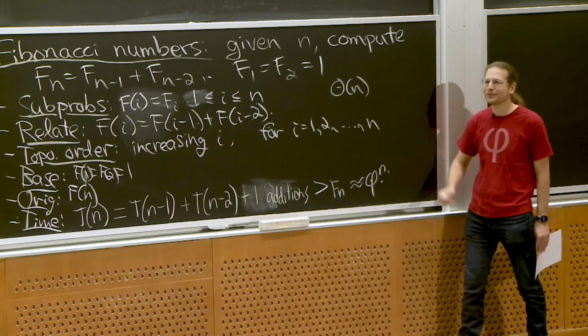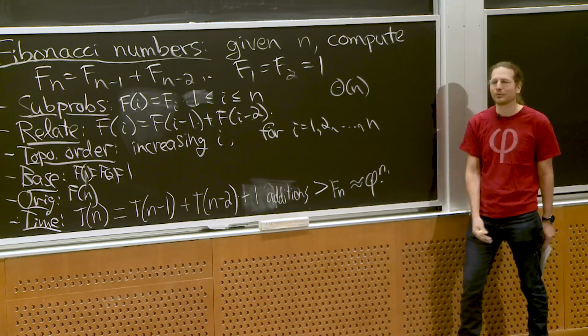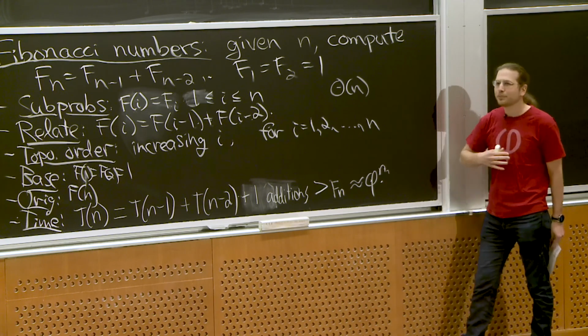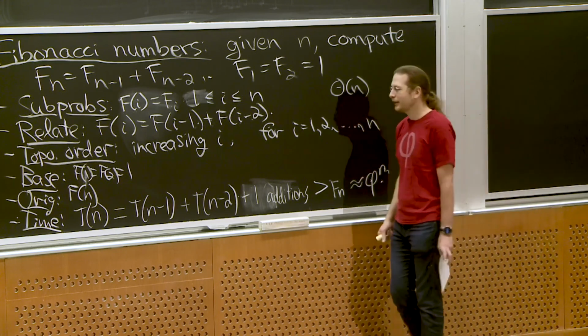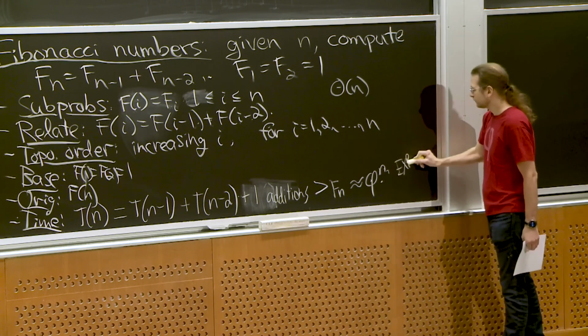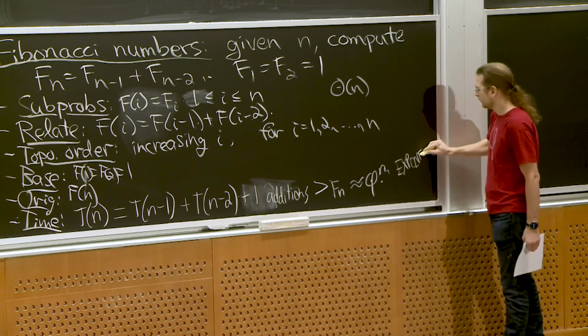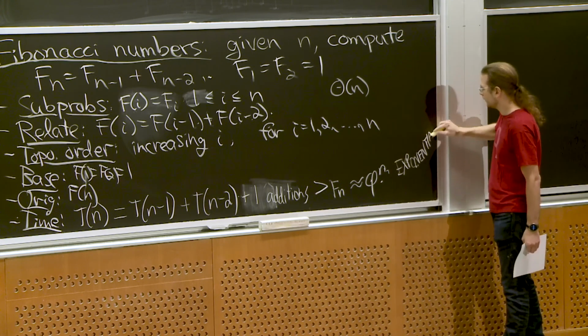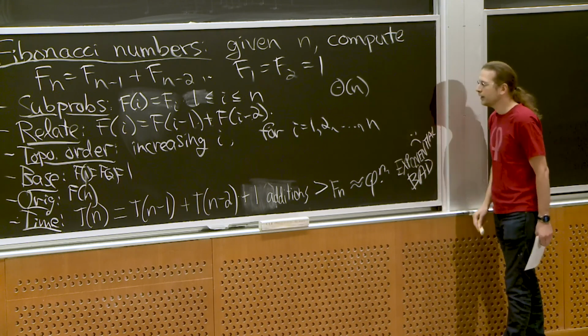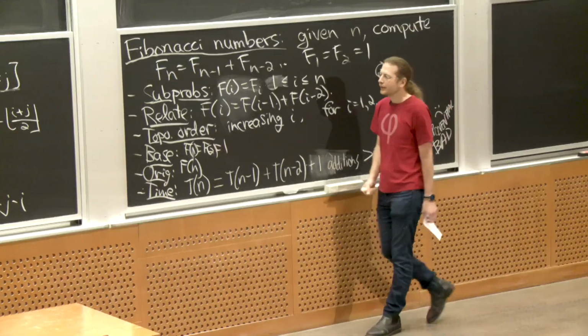And in algorithms, exponential growth is bad because we can only solve very small problems, very small n. So this is a terrible way to compute the nth Fibonacci number, exponential, bad. OK, so don't do this.